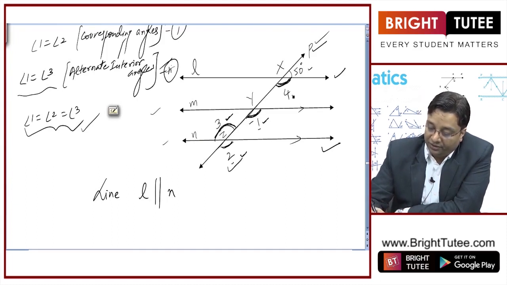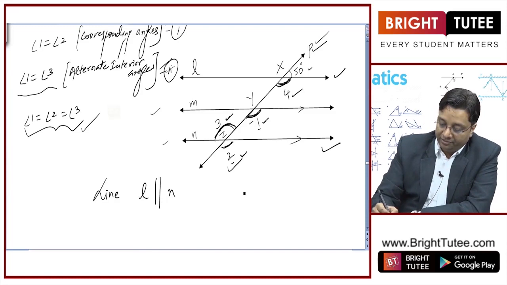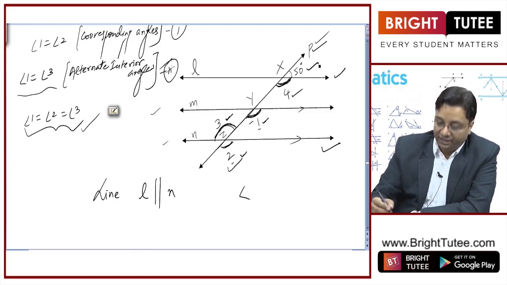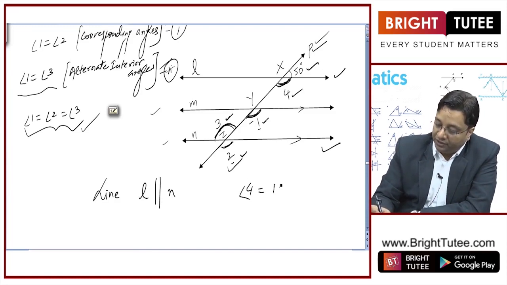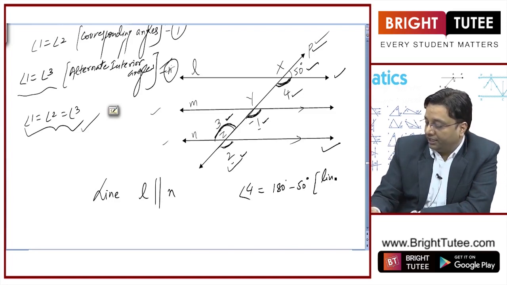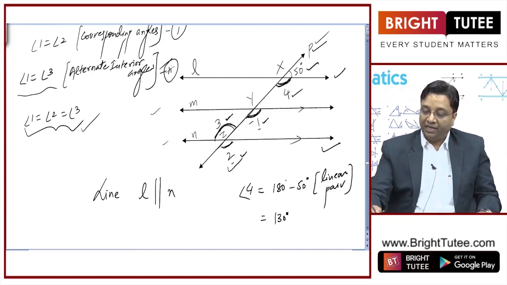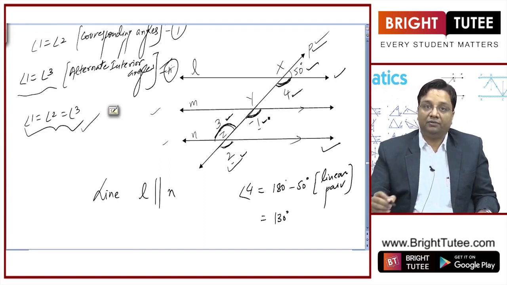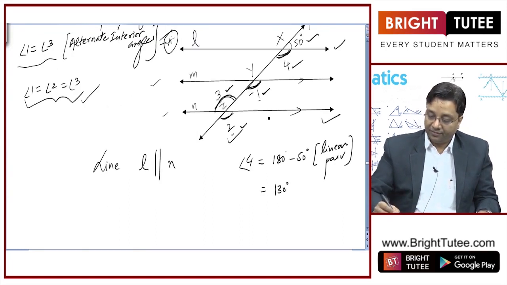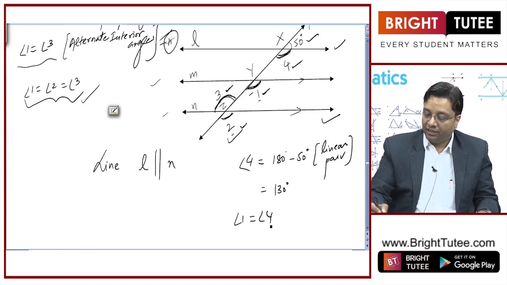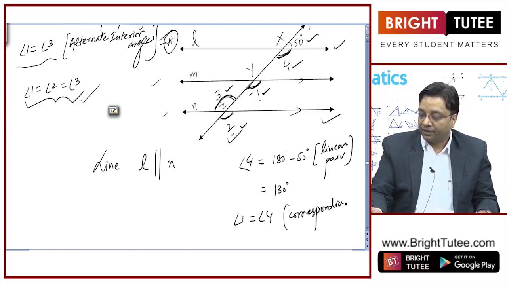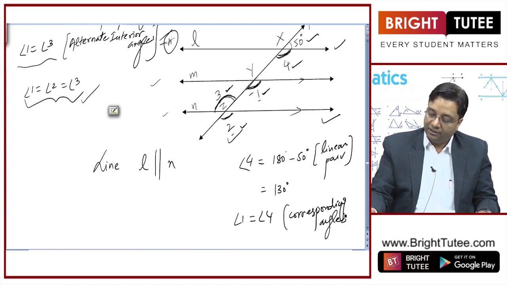So let us first of all find this angle 4. Angle 4 is a linear pair with this angle 50 degrees. So angle 4 is equal to 180 minus 50 degrees because they are linear pair. Hence, angle 4 is equal to 130 degrees, and angle 1 is equal to angle 4 because they are corresponding angles.